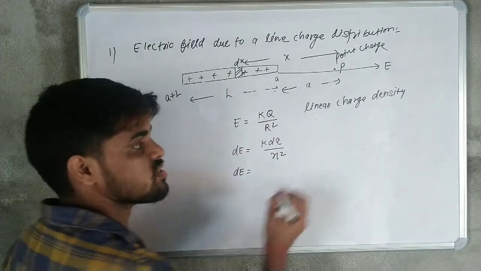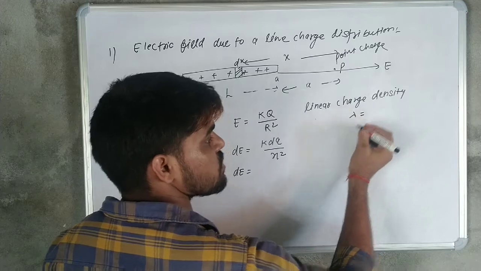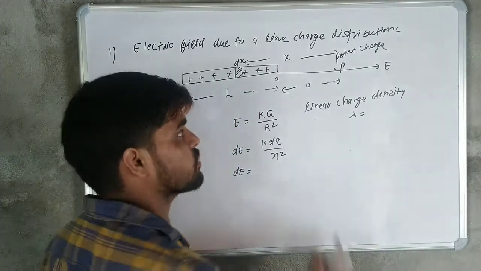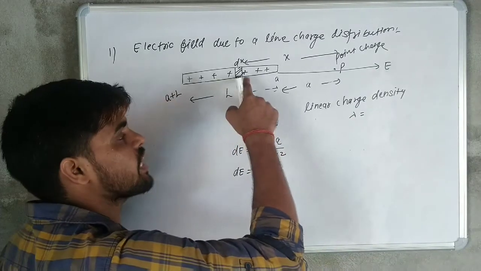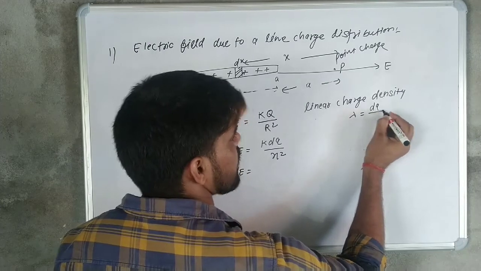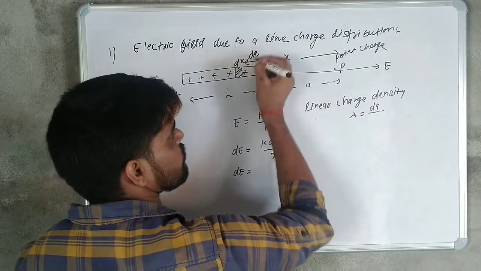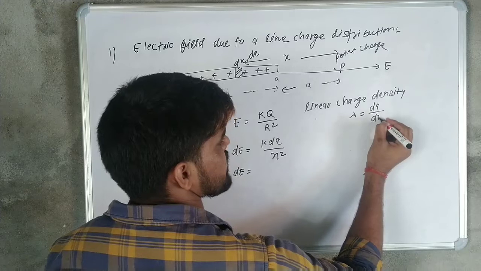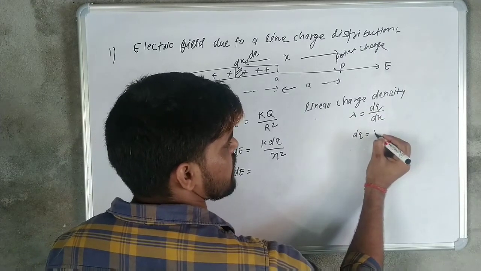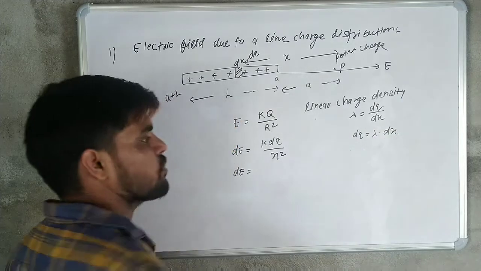Linear charge density lambda is equal to charge upon length. Here the element has charge dq and length dx, so dq is equal to lambda into dx.